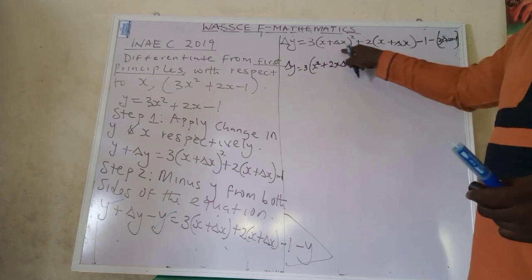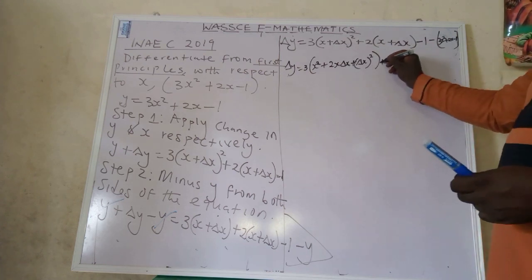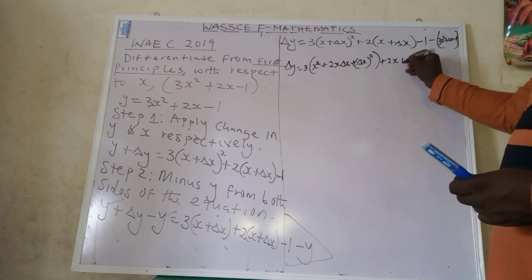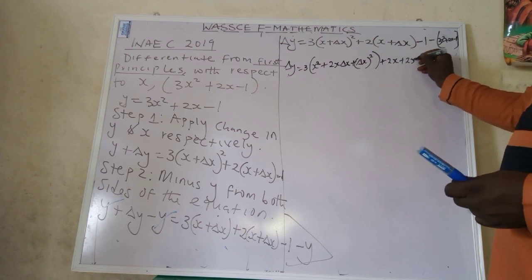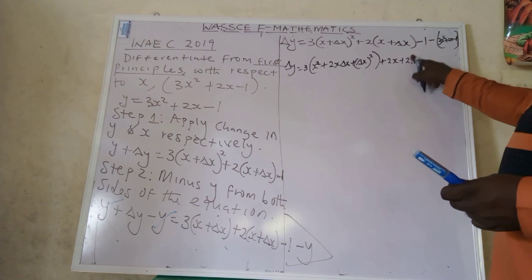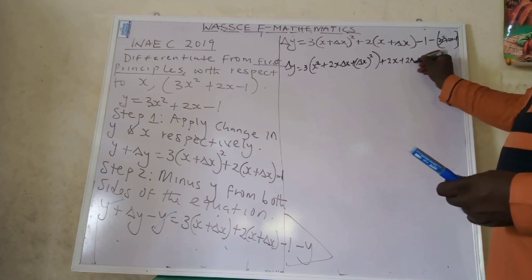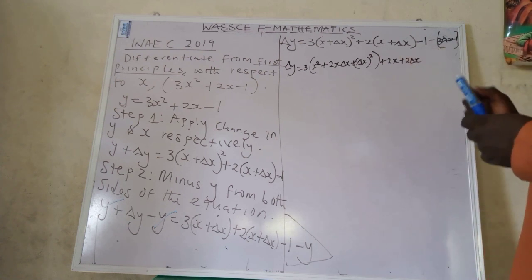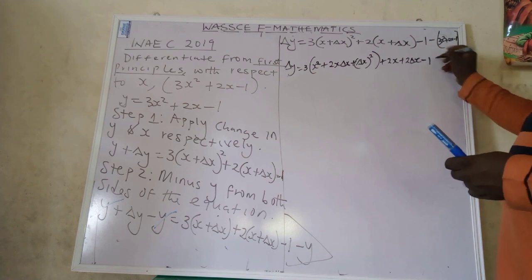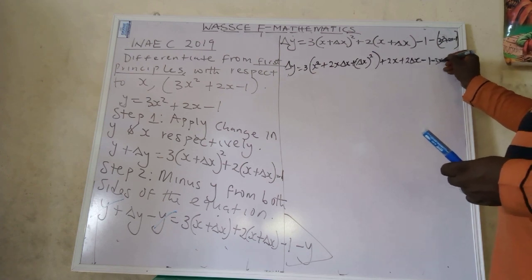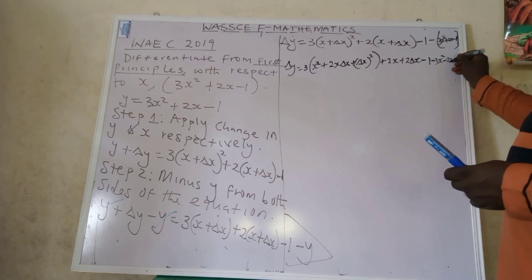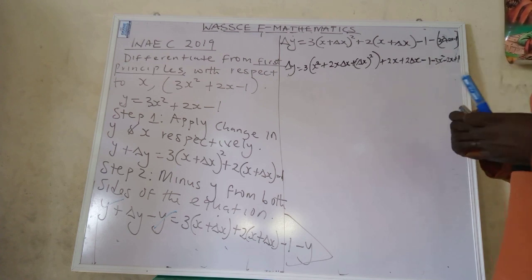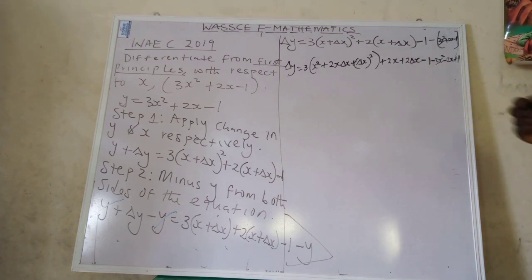That's when you expand this thing. And then come to this, we have 2x plus 2 change in x, minus 1 minus 3x squared minus 2x plus 1. I'm sure that's clear. Okay.